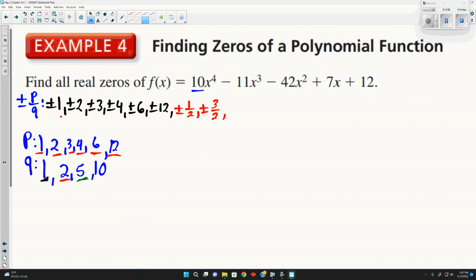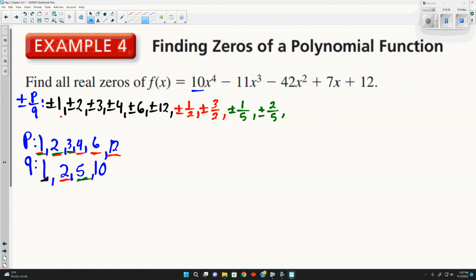And really, the ones that we have had a common factor between p and q. Well, we looked at the next value of q. The next value of q is 5. None of our factors of p have a common factor of 5. So we'll start off with 1 divided by 5, which will be plus or minus 1/5. Then we have plus or minus 2/5.